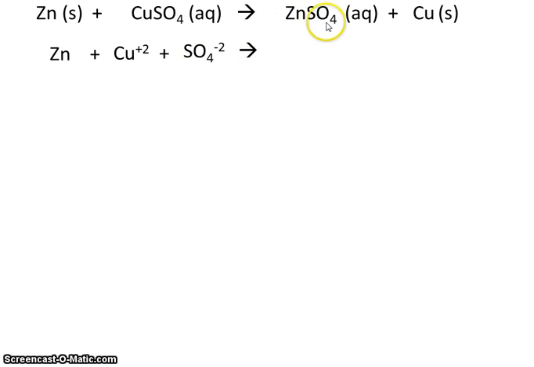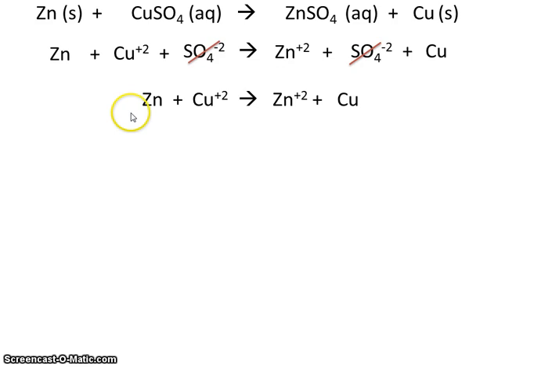So we can also split up zinc sulfate into its ions. And then, as you recall, in a net ionic equation, we can cancel out the items that appear on both the left and the right. So let's cancel out sulfate on both sides. So here's what we're left with. Zinc turning to zinc plus 2, and copper plus 2 turning to copper. So this is our reaction.